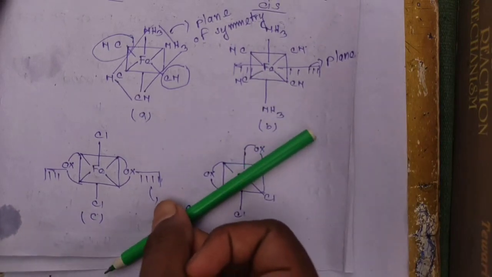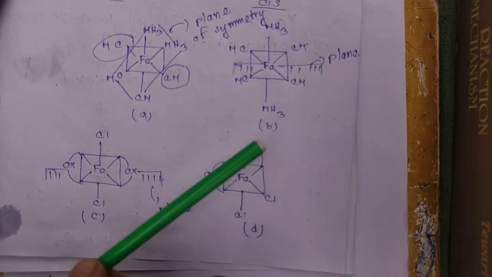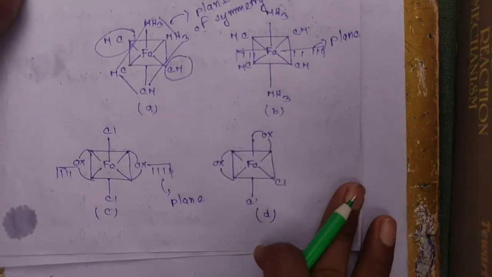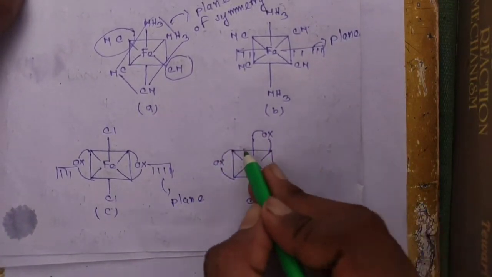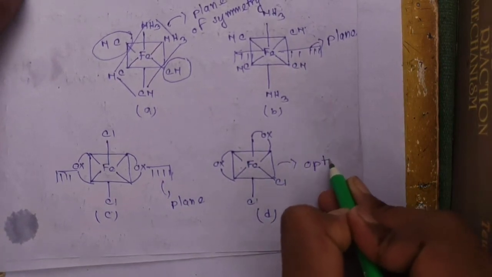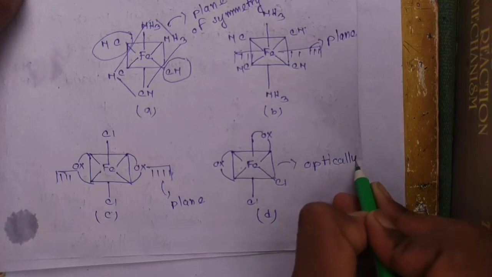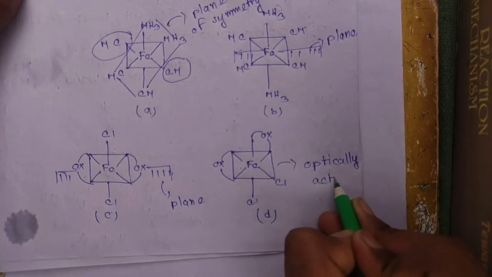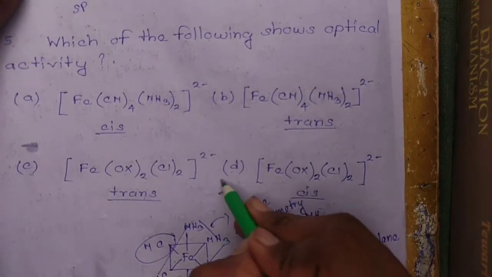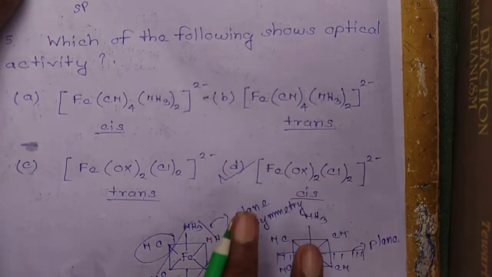Put like this, then there are two Cl groups but there is no Cl group. So it does not contain any plane of symmetry, and this is why this is the optically active compound. So option D is correct.